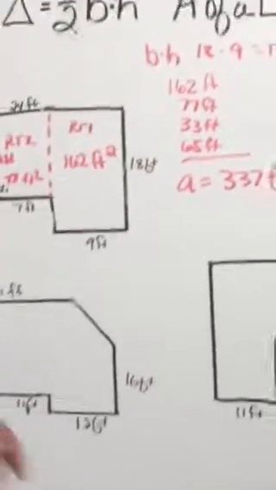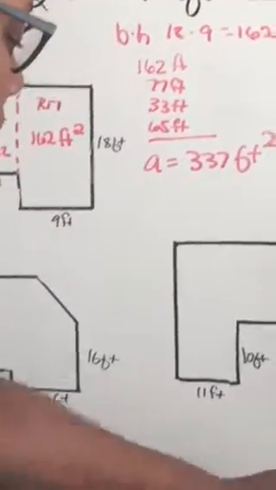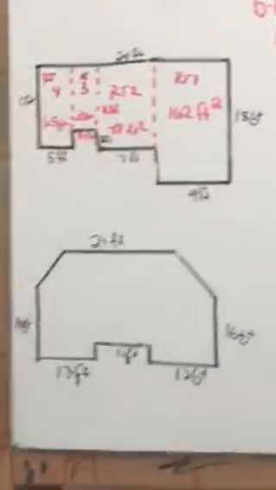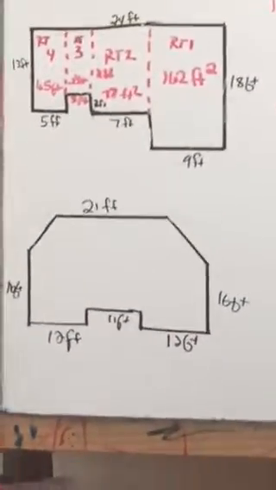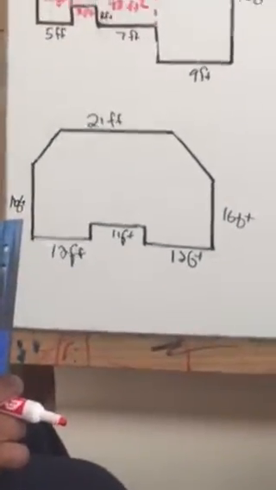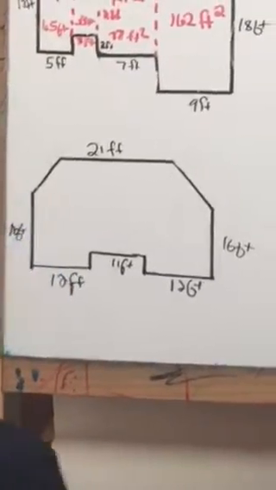Okay, so let's try another one. Let's go to our shape right here. Oh, this one looks a little more difficult, huh? So I see slants, so I'm assuming that I'm going to have some triangles in this irregular shape.